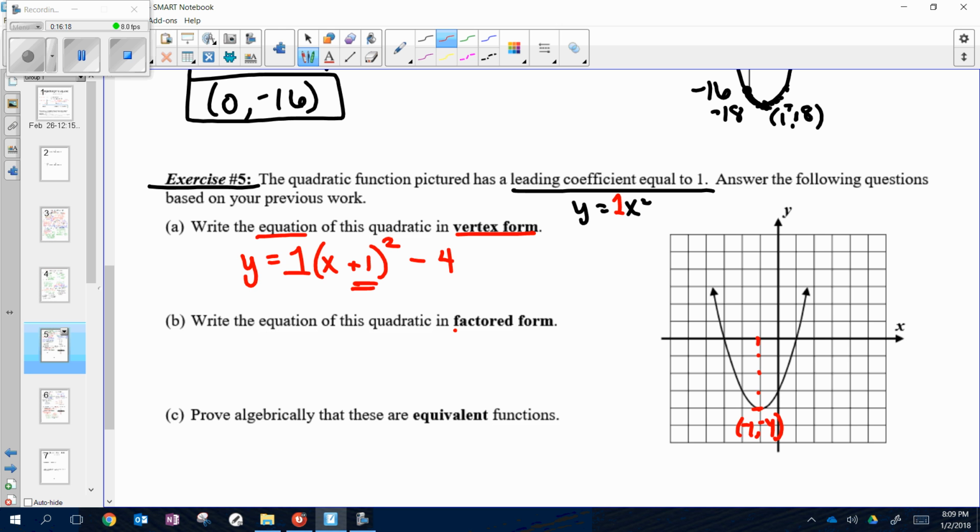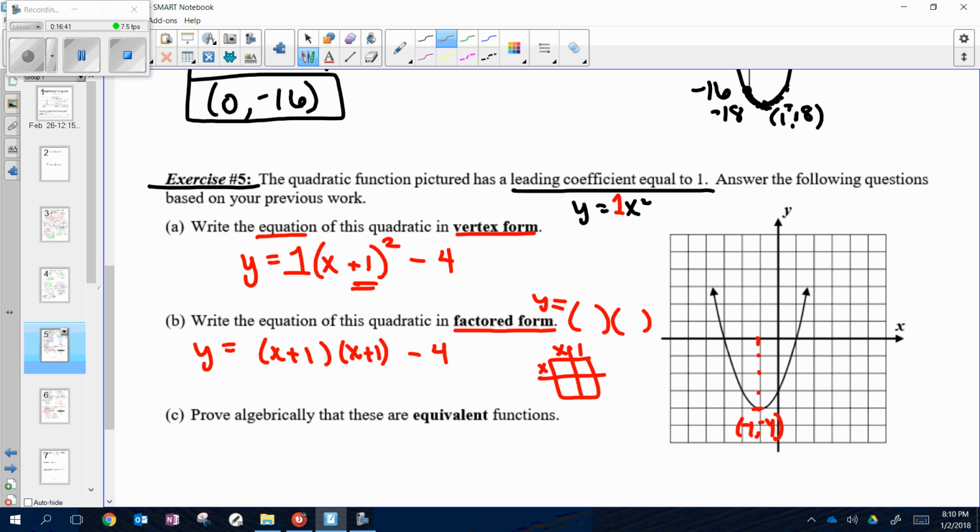Write the equation in factored form. That's interesting. So it's x plus 1 squared minus 4. That's not factored form. Factored form just has factors like this. I got this extra minus 4. I'm going to multiply this out. If you needed to use boxes, you could. X and a 1, x and a 1.